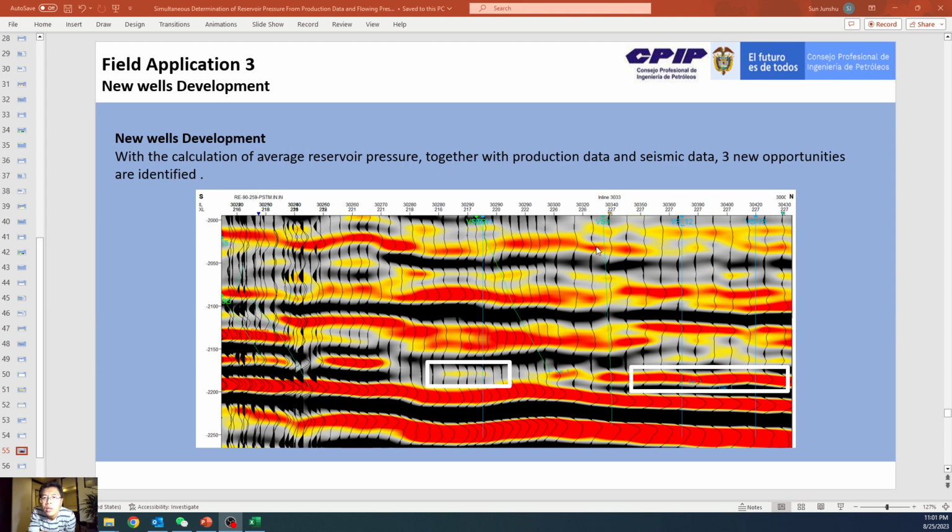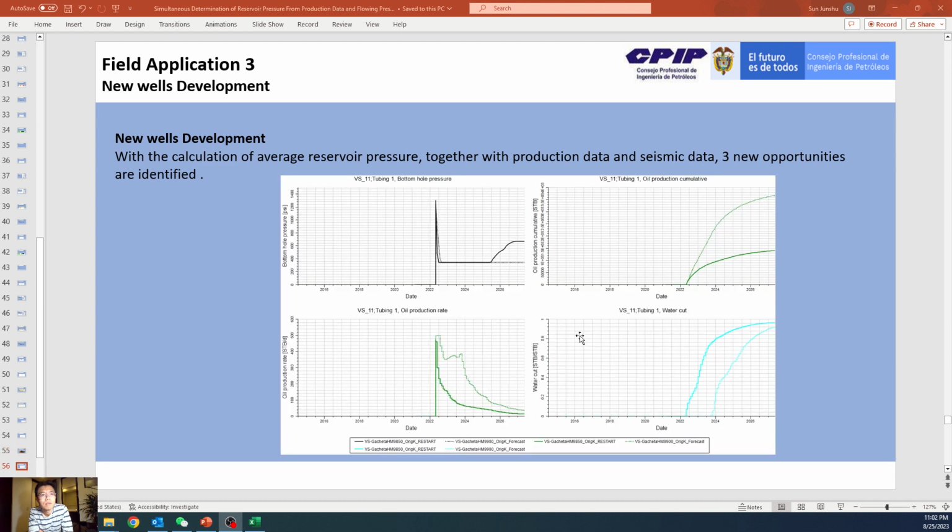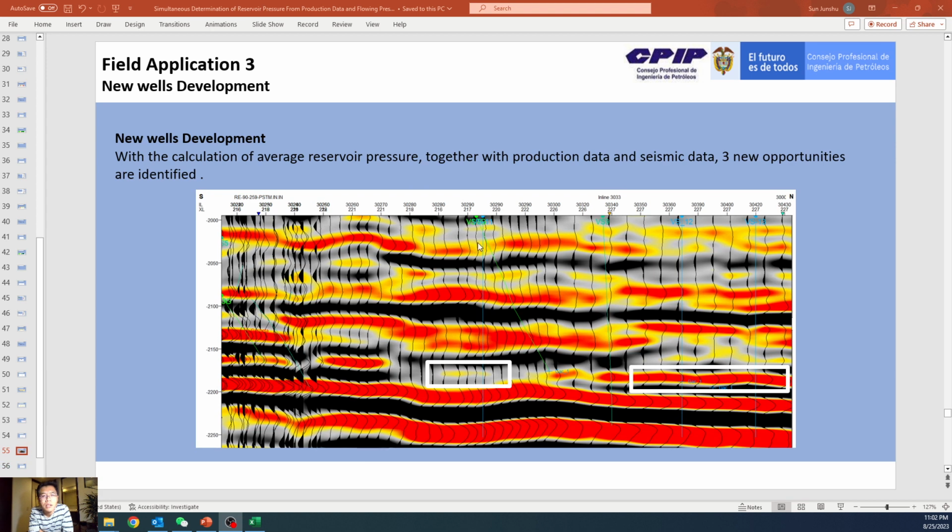Away from the well number 9, the sand was good. The current reservoir pressure is higher because it's between well number 9 and aquifer. So we estimate well number 11, this one.